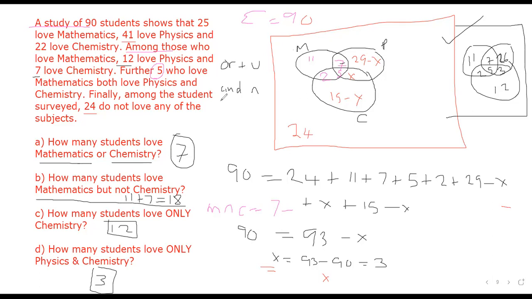Okay. How many love mathematics or chemistry? 50, 54. 1, 2, 3, 4 plus 2. Is it 25? 54?